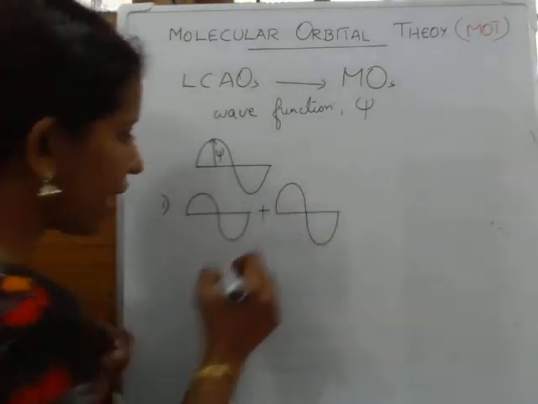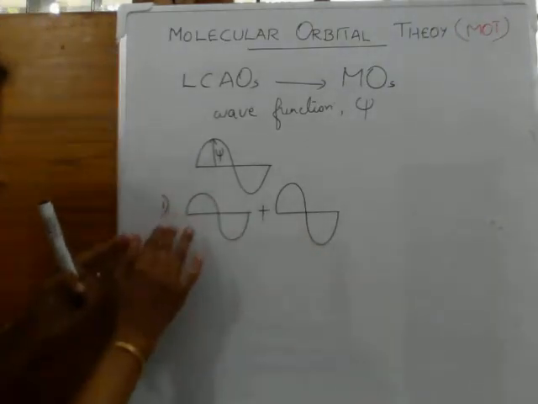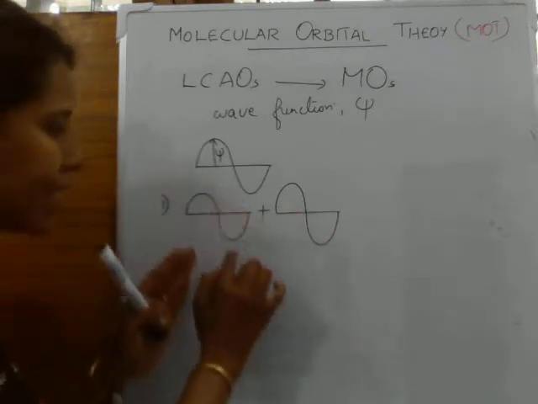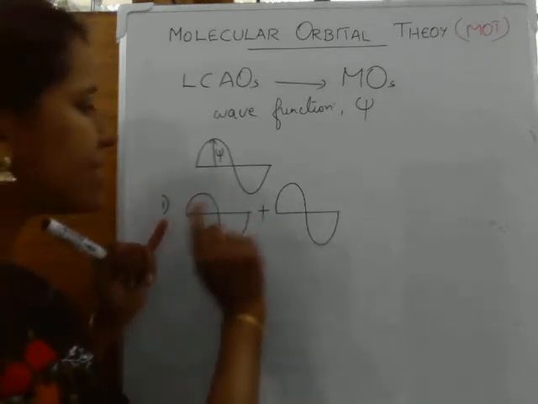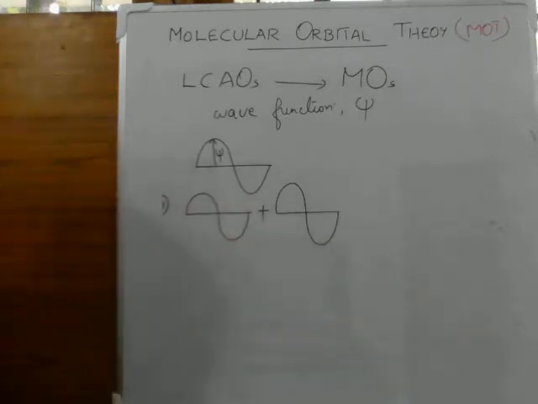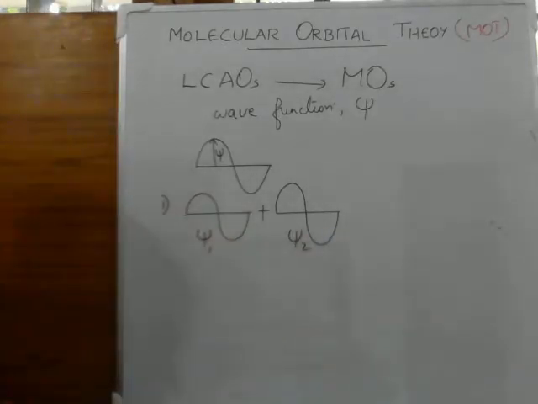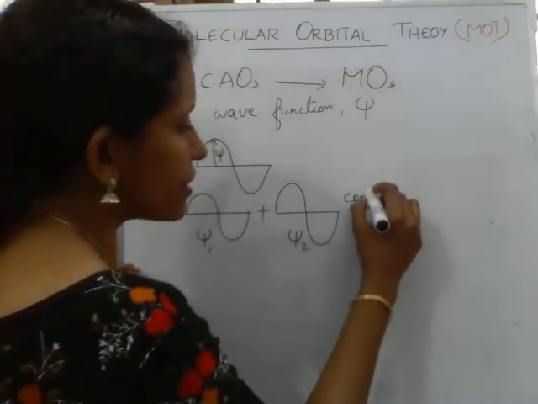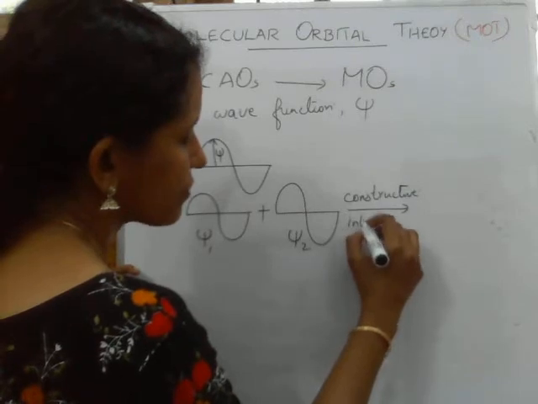If these two are added, one wave exactly above the other one, coinciding, this can be viewed as the addition of wave functions. Let this be psi 1, let this be psi 2. This is called constructive interference.